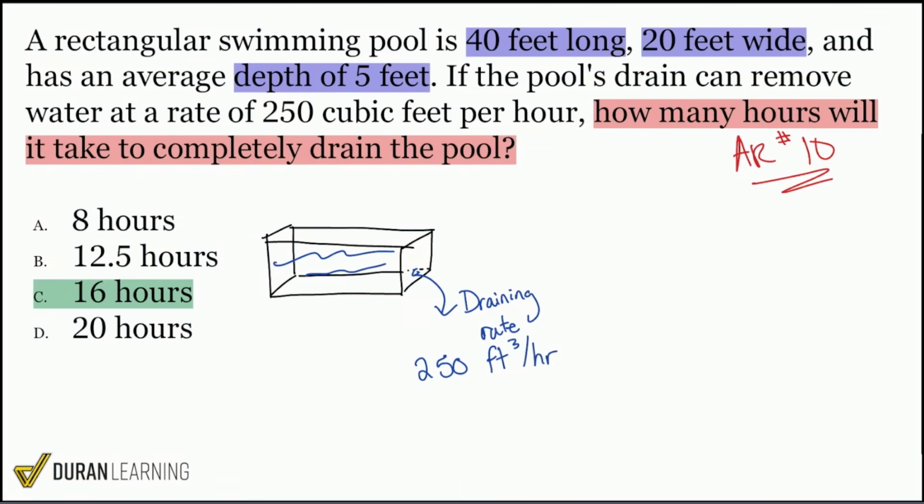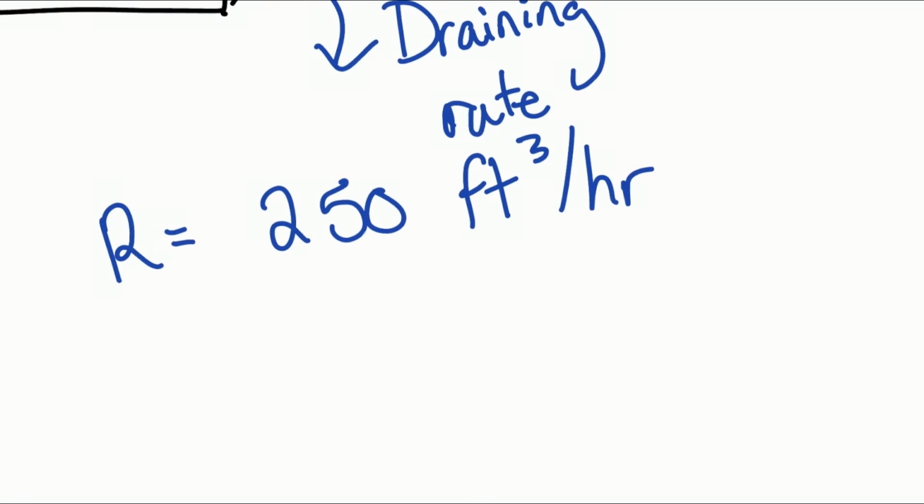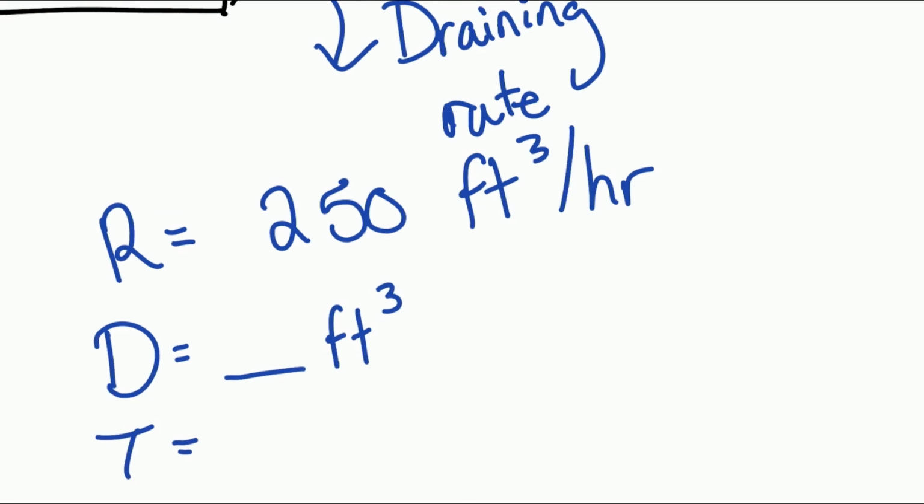What this tells us is, if this is our rate, our distance, or the amount of water we're trying to get rid of, is going to be in cubic feet. And the time is going to be in hours because of the way the rate is written. Cubic feet, that's the distance. Per hour, that's the time.